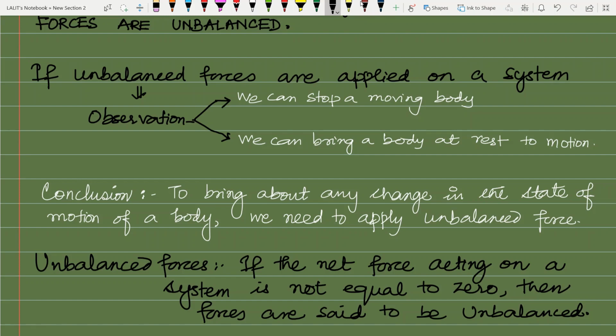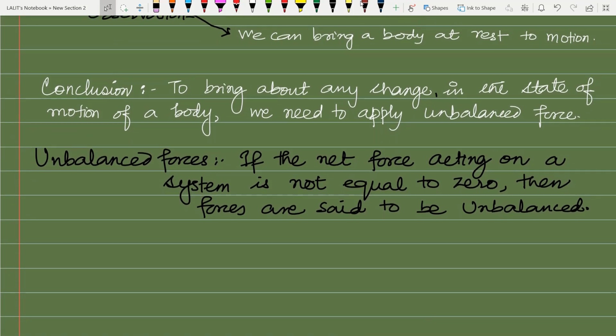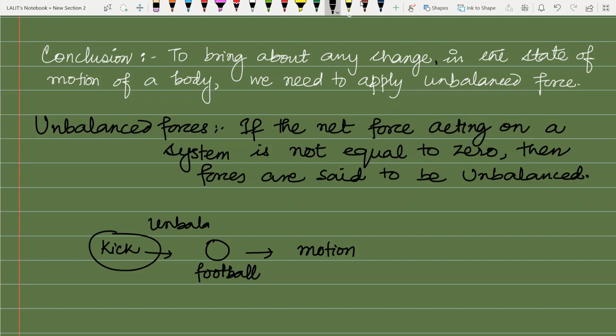So what we learned in this small discussion is, for bringing about any change, if you want to move a football, you kick the football by applying some force. The football comes to motion. So what type of force is applied by the kick? It is nothing but unbalanced force. After you kick, the goalkeeper tries to catch the ball.